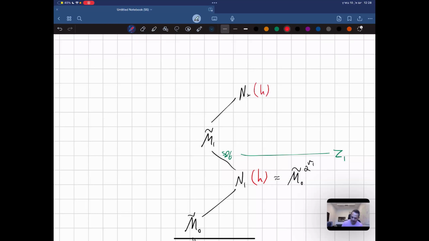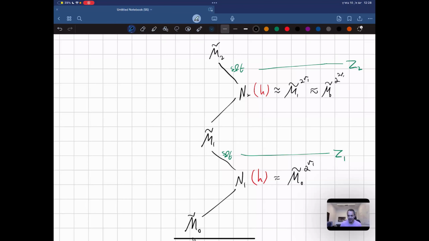It again depends on H. You get something which is close to M1 tilde to the 2R1, which hopefully is close to A to the 2 to the 2R1. And then you do another shift and truncate, now with Z2. Okay?